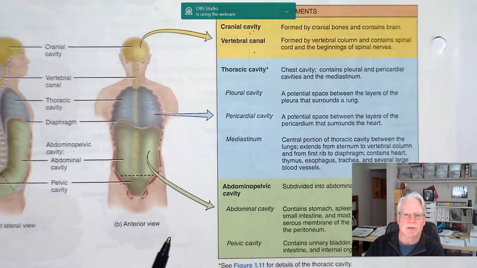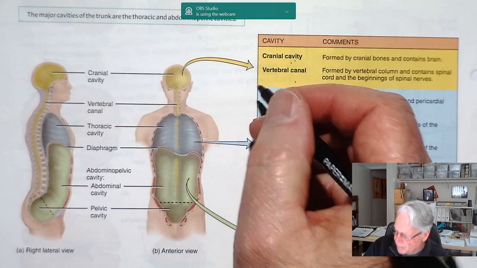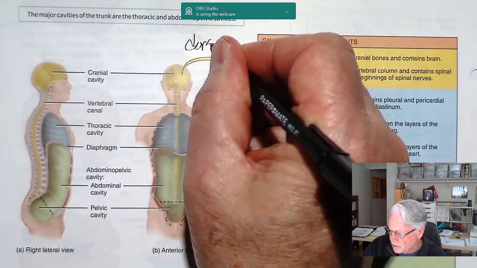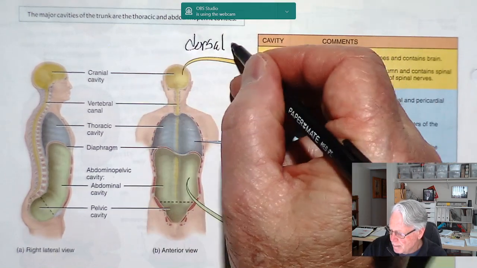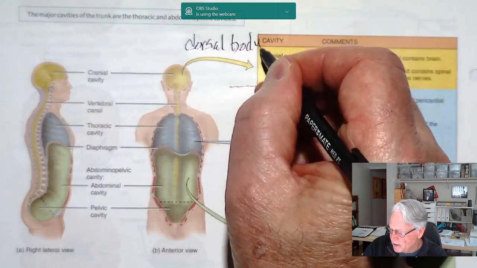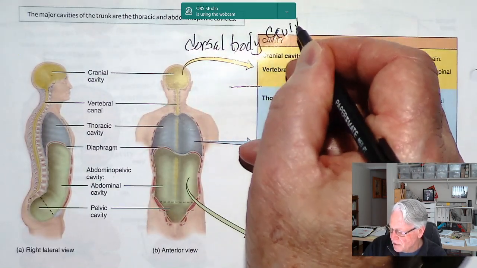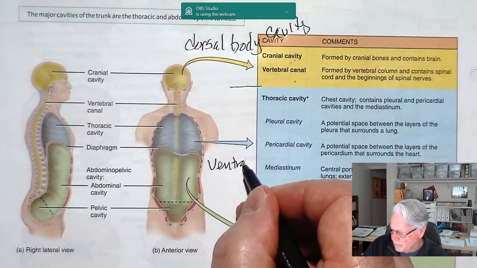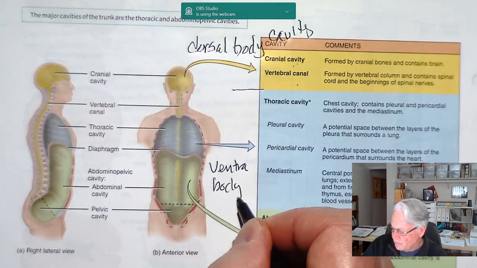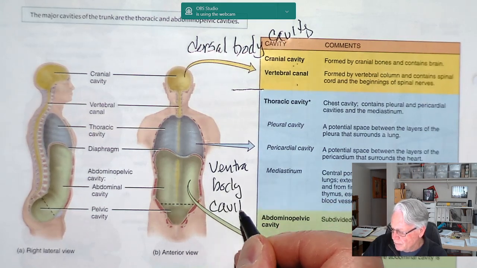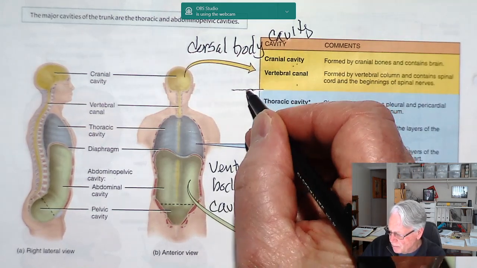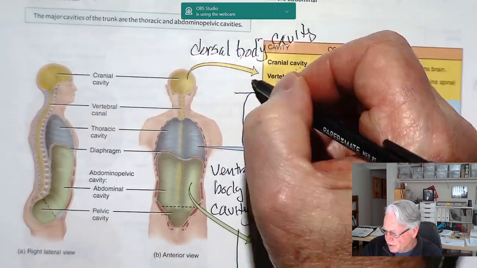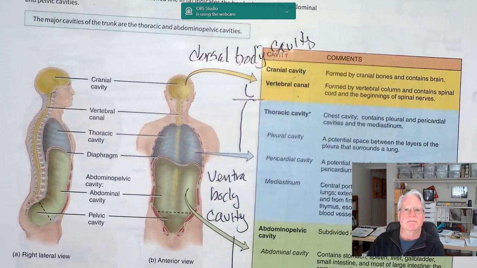So this is my dorsal body cavity, and this is my ventral body cavity from here to here. And this is the dorsal body cavity. Okay?